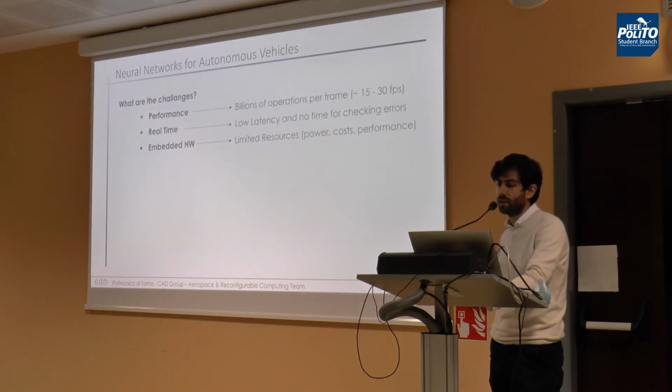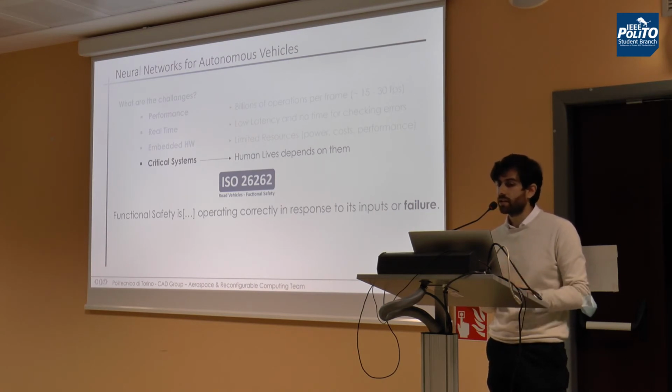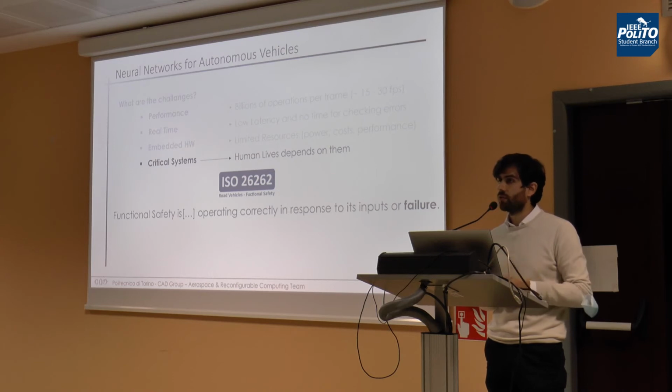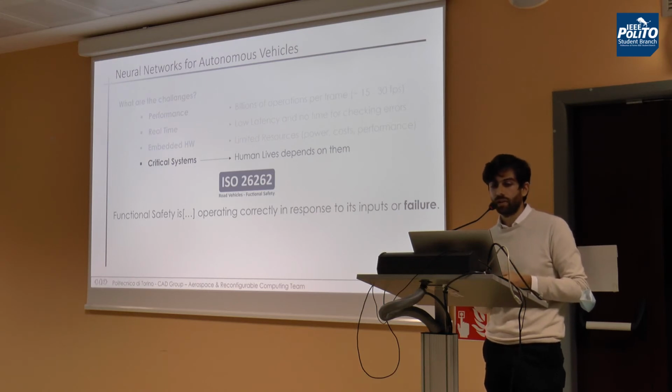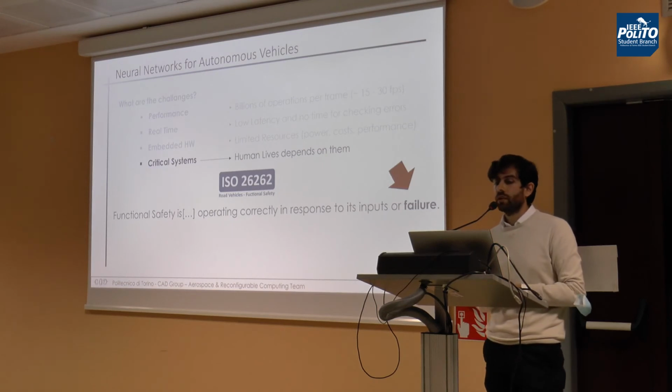But there is another problem that is related to the criticality of the system. Autonomous vehicles are critical systems, so human lives depend on them. And so I need to respect some standards of functional safety. Functional safety is the ability of a system of operating correctly in response to its inputs or failure. I work mainly on this part of the definition, on the failures.